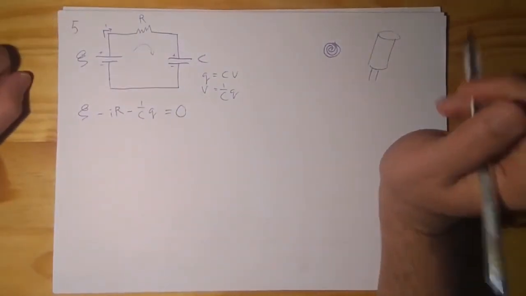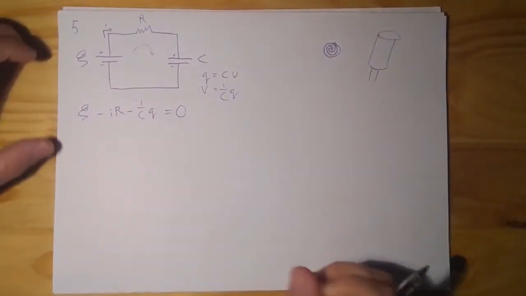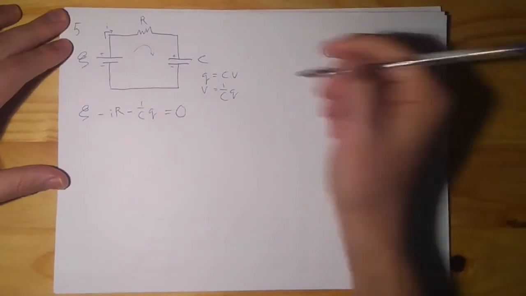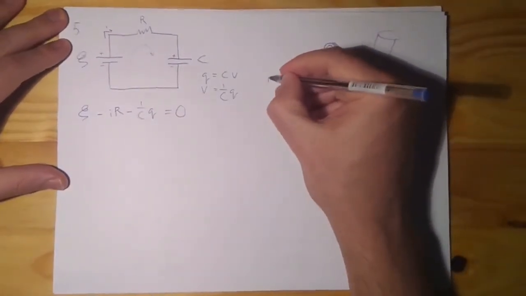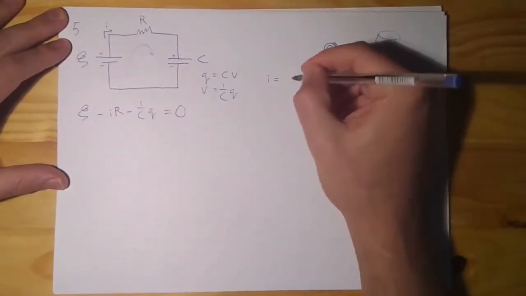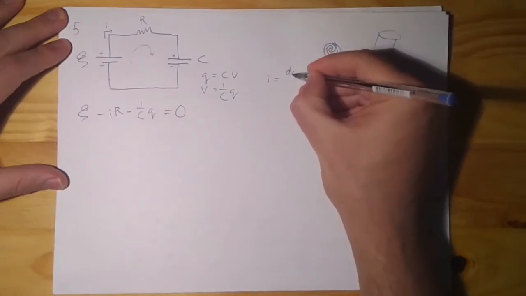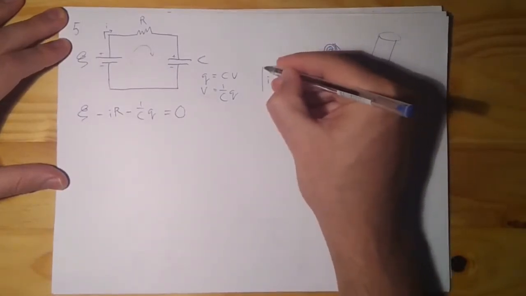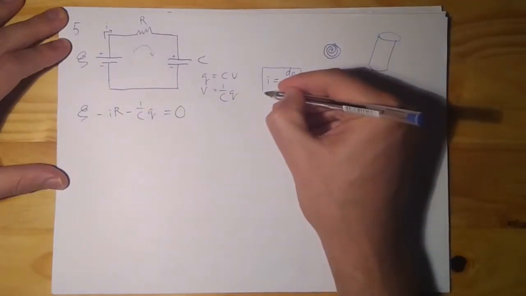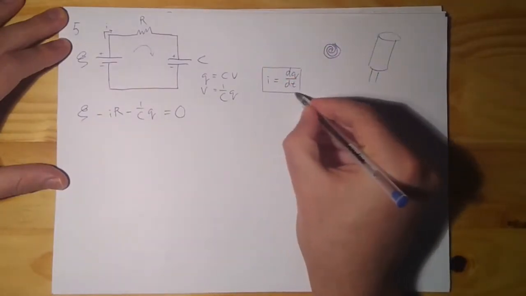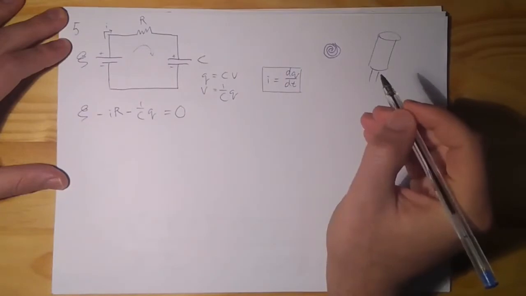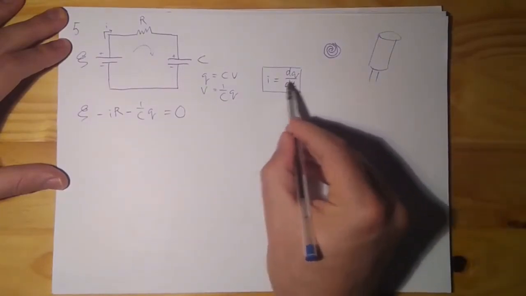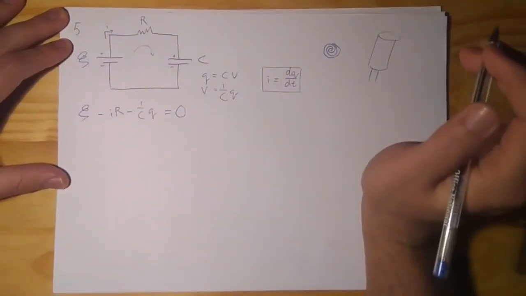Right. So where's the differential equation then? If you go back in your first year textbooks and see how current is defined, you will most likely find that it is defined as dQ/dt, where dQ is the amount of charge that moves past a point in a small span of time dt.